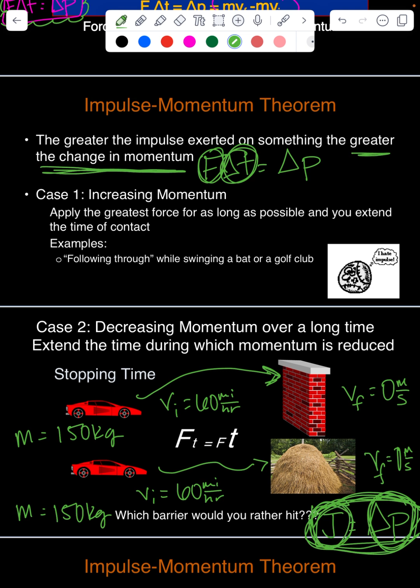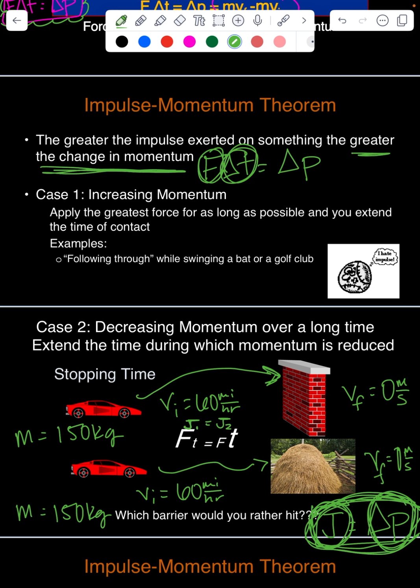So we'll call this J1 for the car that hit the brick wall, and this one J2. Numerically, J1 is equal to J2. Remember that impulse is signified with a capital J. That's why you see that J right there. Now, what is the difference between these two scenarios?